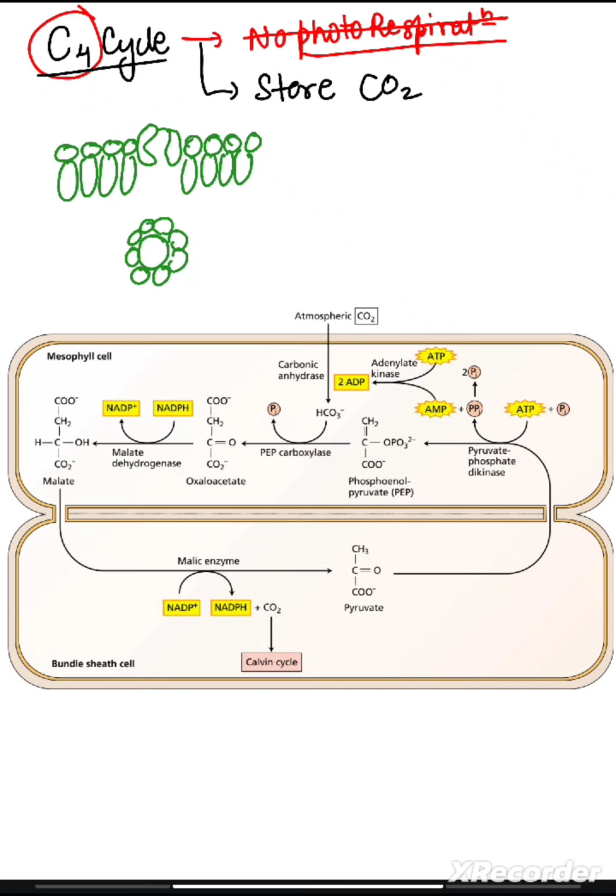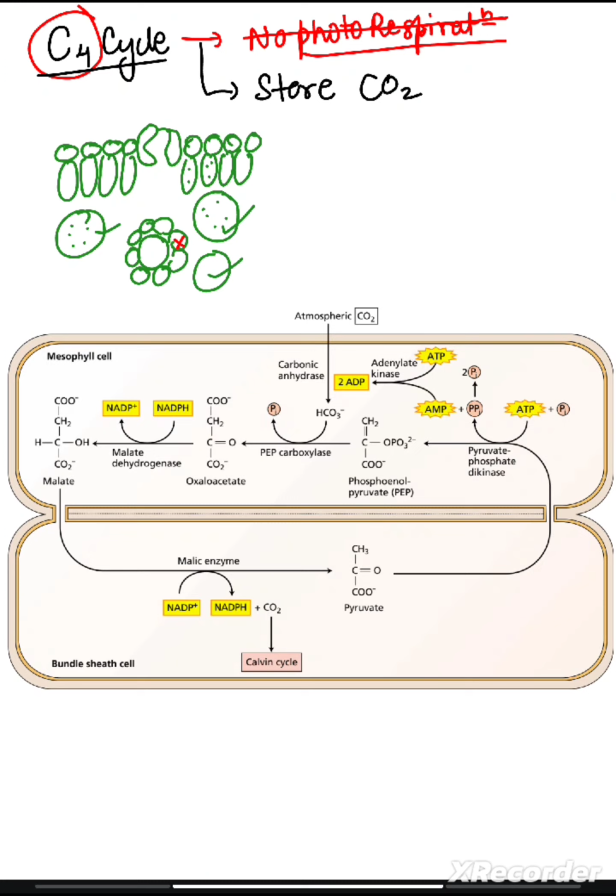Now remember, these bundle sheath cells do not have any chloroplast in them, so they cannot perform any photosynthesis. In addition to this whole structure, they have spongy mesophyll cells, and those will have chloroplast in them, and they can perform photosynthesis. So overall, they have spongy mesophyll cells, and the palisade cells can also perform photosynthesis.